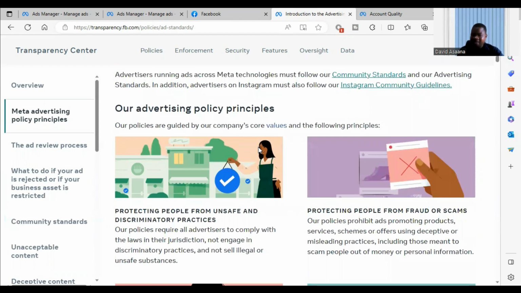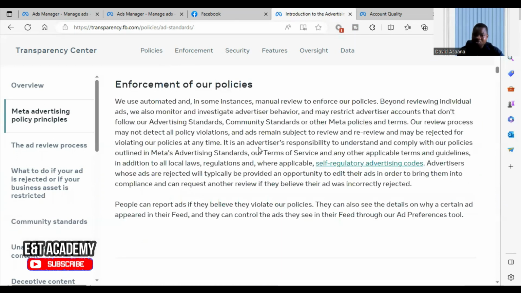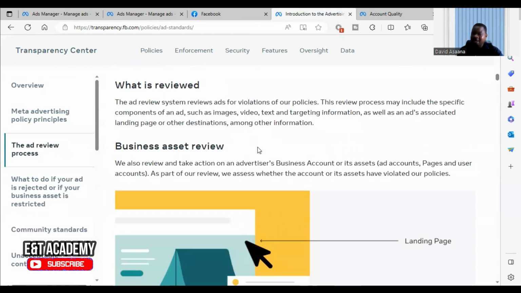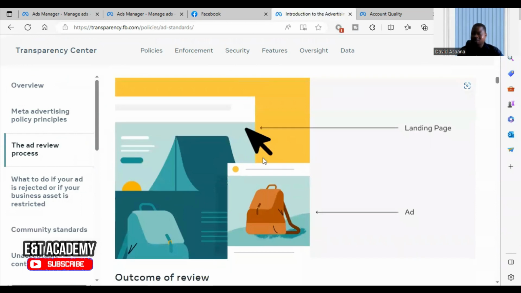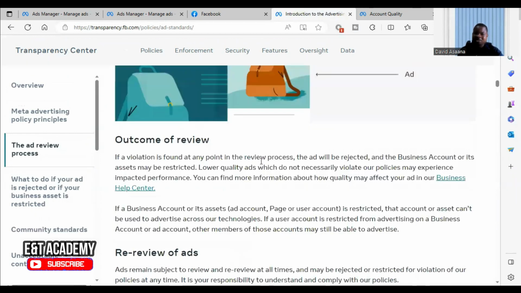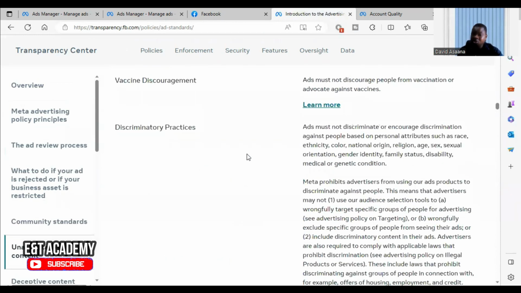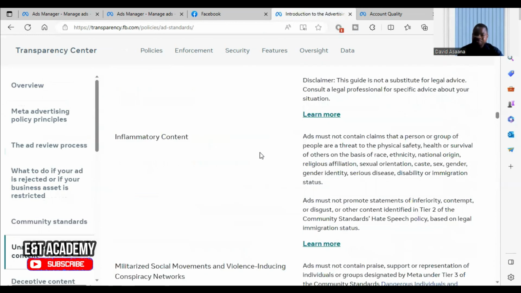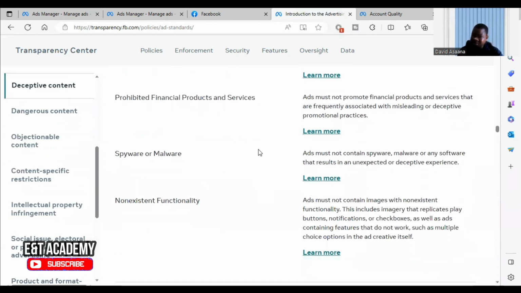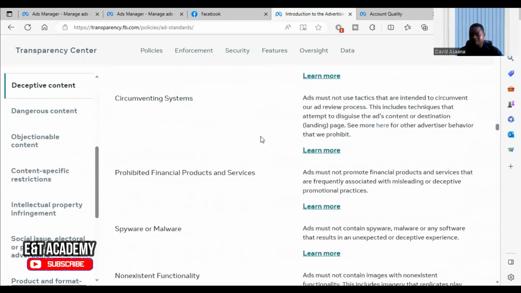Currently, medically, there is no drug that can cure HIV or AIDS permanently. There are drugs that can reduce how the virus grows and can prolong a person's life, but they cannot cure it permanently. So if you say you can cure HIV or AIDS, you can cure cancer, at the end of the day, you may be telling lies, and Facebook may have a problem with you.